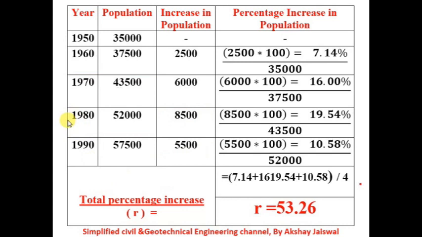And last one, increase in population from 1980 to 1990. It can be calculated by taking difference between these two population values. It will be 57,500 minus 52,000. We will get 5,500.